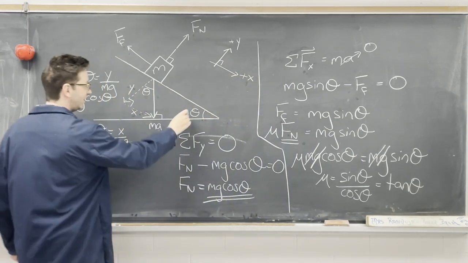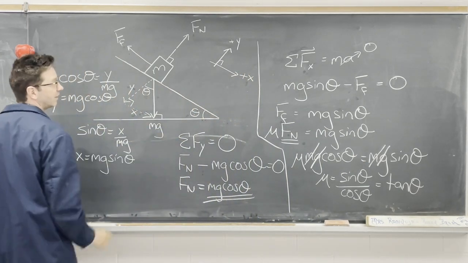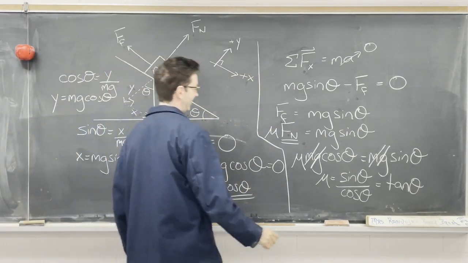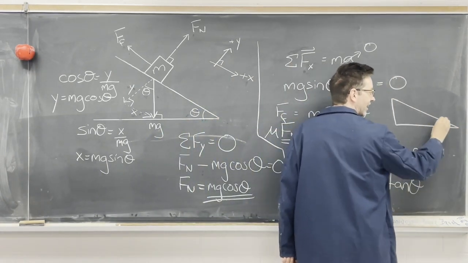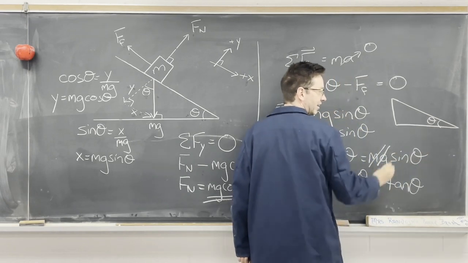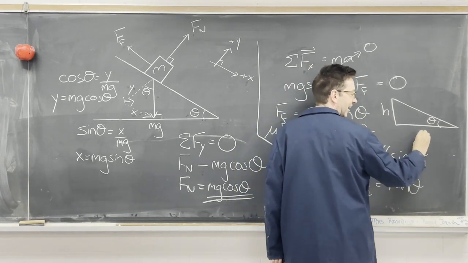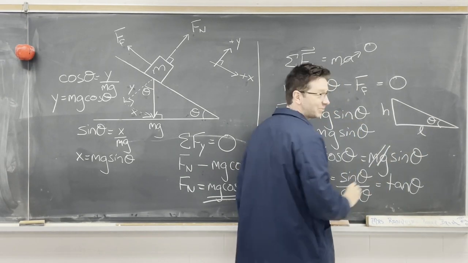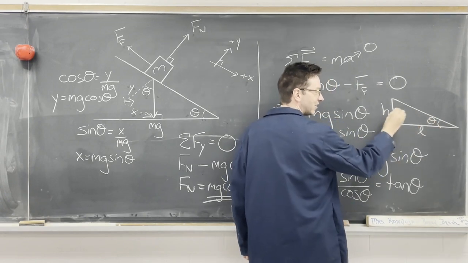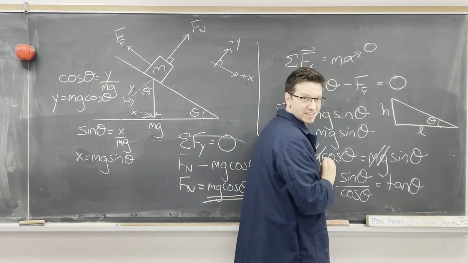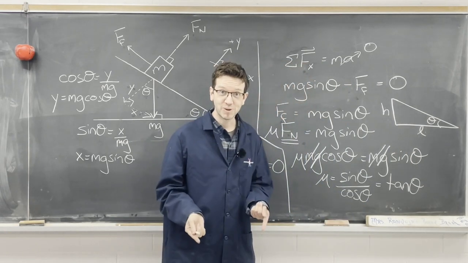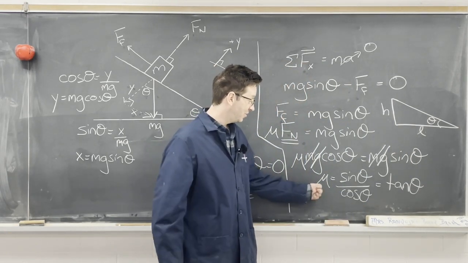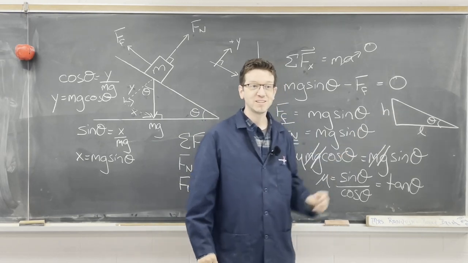Now, let me redraw the incline. Say we have this incline, and that's theta. This would be height and length, and tan theta is opposite over adjacent, or rise over run, and that is the slope. So to figure out what mu is, all we need to do is find the slope.